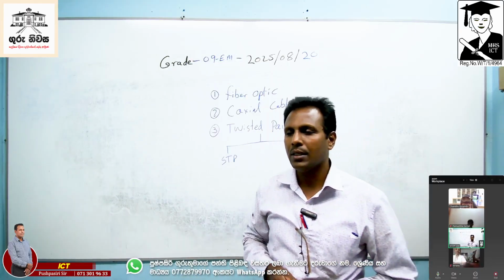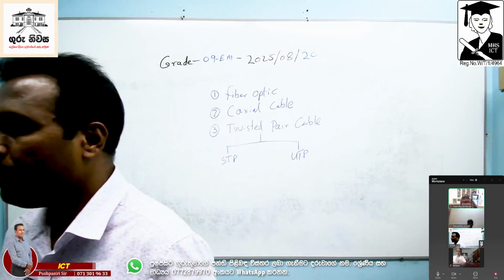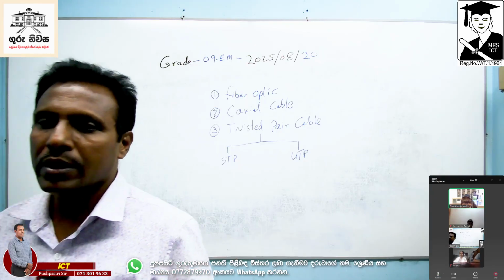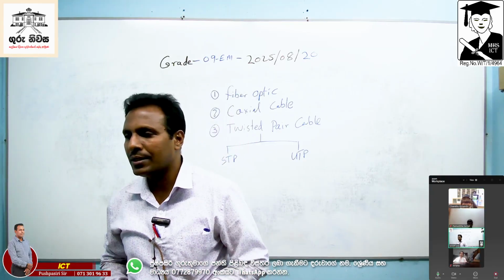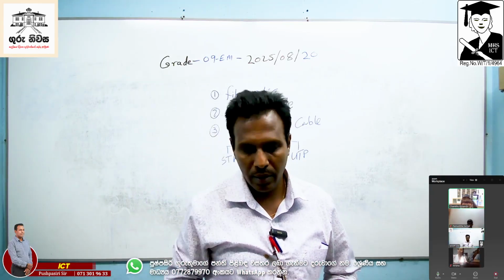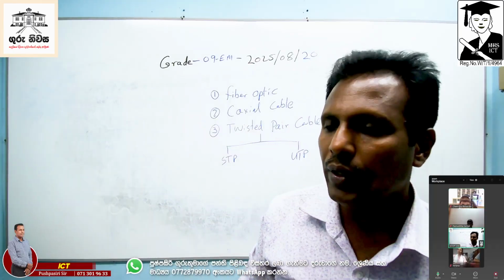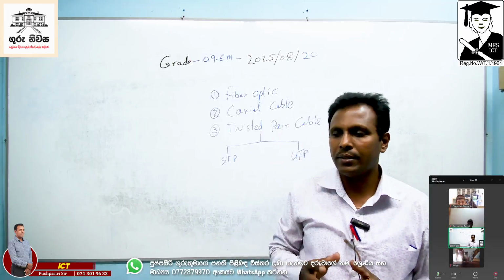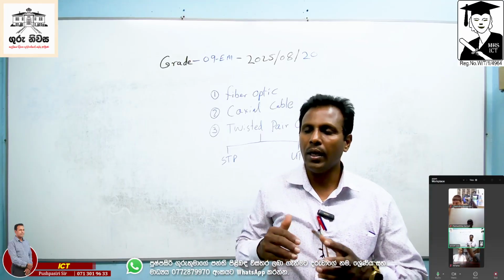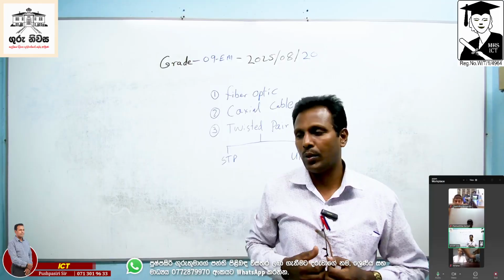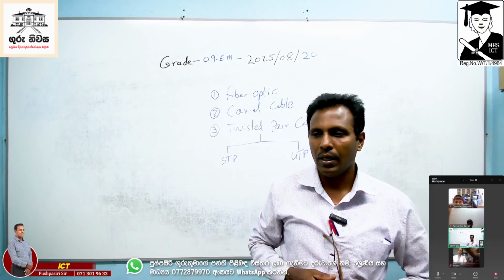One is infrared, then Bluetooth, Wi-Fi and radio waves. Very good. So these are the methods that we can use for connecting networks together.